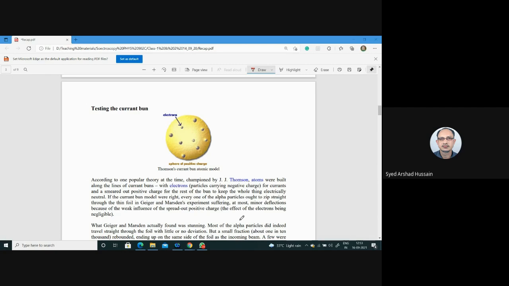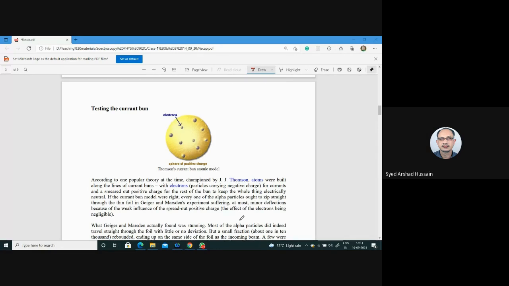It's like a sphere or bun where positive charge is smeared across it and electrons are scattered in it. So as a whole, it's neutral.